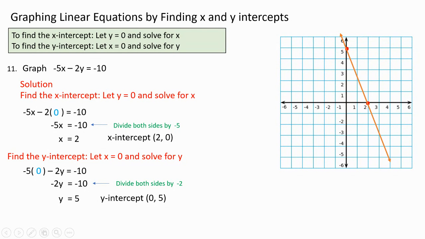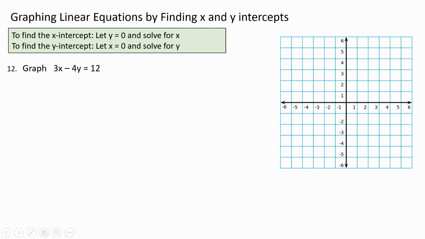Okay, now I have another way to do it, graphing by using the x and y intercepts. Okay, now solution. Find the x-intercept, right? We let y equals 0. So if we let y equals 0, we can cover the negative 4y, because if y is 0, this will give us 0 here.